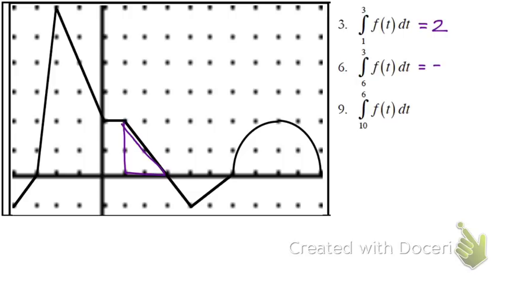and making it negative. So this is the integral from 3 to 6 of f of t dt, and we throw that negative in front of there. As soon as we flip it upside down, we can put a negative in front. So the integral from 3 to 6 of this function, and making it negative. We already talked about the integral from 3 to 6 on the last 2 slides. We talked about how that area is a negative 3/2.